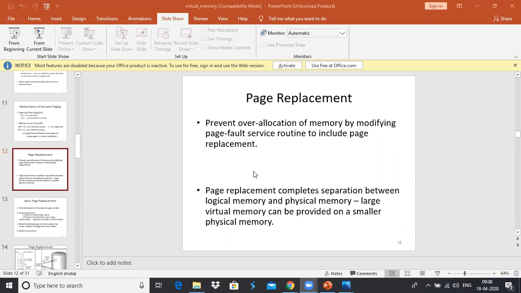In virtual memory, we only load some part of your program onto the smaller physical memory, because the physical memory size is small as compared to the logical memory. We don't need to load the entire logical address space onto the physical memory. We only load some pages of logical memory onto the physical memory. This is the concept of virtual memory.